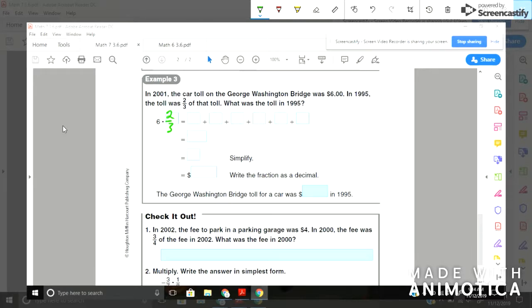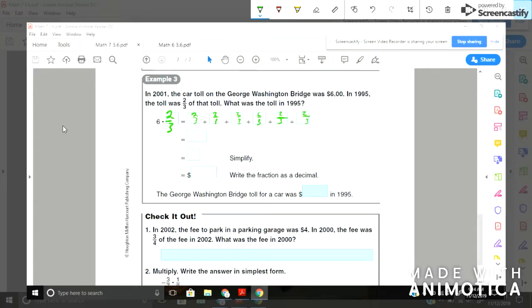So 6 times 2/3 means 2/3 added together 6 times. So 6 times 2/3 is the same thing as 2/3 plus 2/3 plus 2/3. Okay, you get it. Plus 2/3 plus 2/3 plus 2/3.